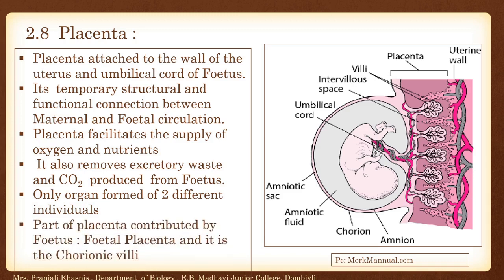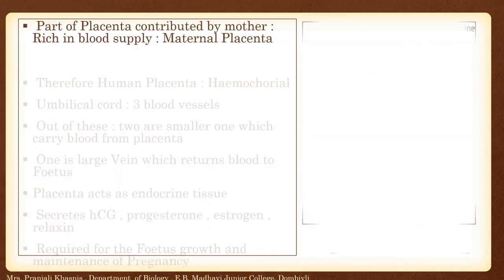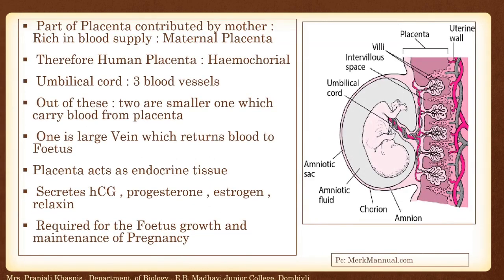The part of the placenta contributed by the fetus is called the fetal placenta and it has chorionic villi, while the maternal part is called the maternal placenta, which is rich in blood supply. Therefore, the human placenta is hemochorial, and the umbilical cord has three blood vessels.